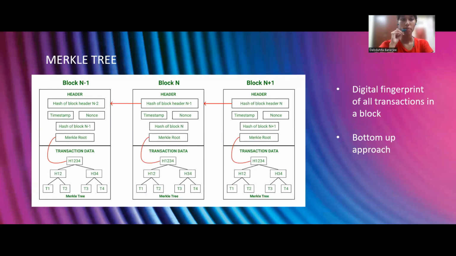So coming back to the topic of Merkle tree, we can say that in cryptography and computer science, a hash tree or Merkle tree is a tree in which every leaf node is labeled with the cryptographic hash of a data block. Every node that is not a leaf is labeled with the cryptographic hash of the labels of its child or children nodes.